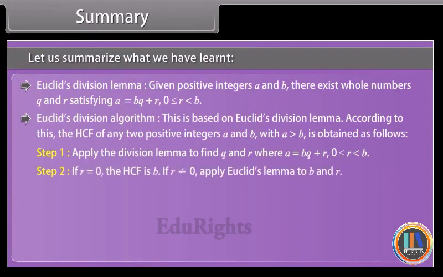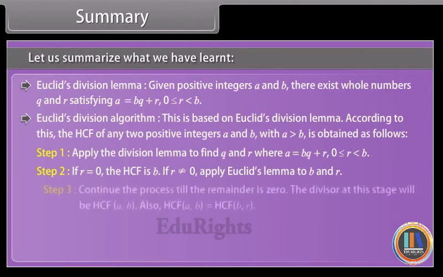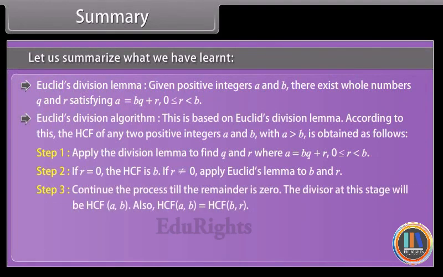If r is equal to 0, the HCF is b. If r is not equal to 0, apply Euclid's lemma to b and r. 3. Continue the process till the remainder is 0. The divisor at this stage will be HCF(a, b). Also, HCF(a, b) is equal to HCF(b, r).